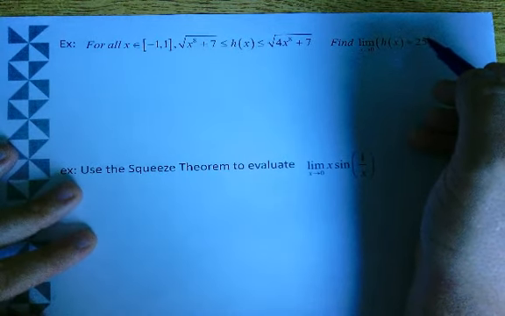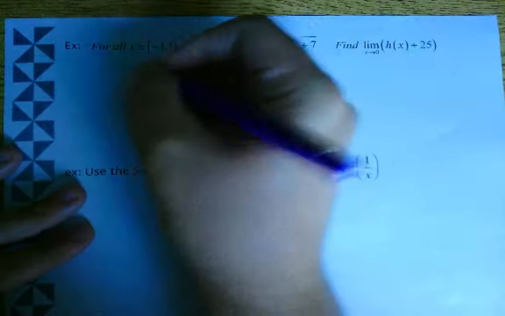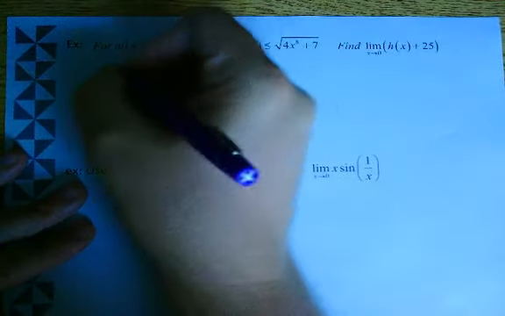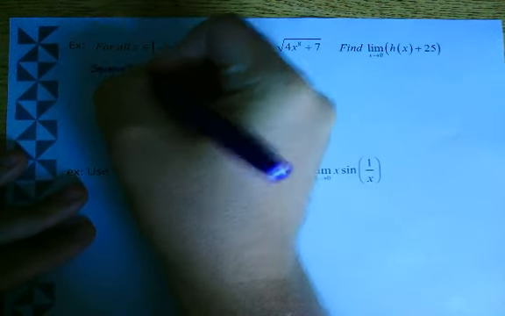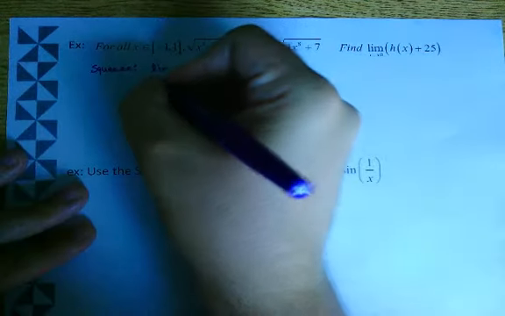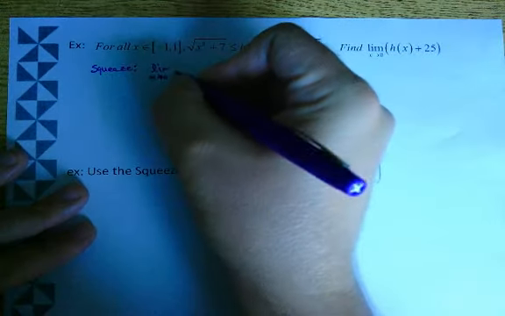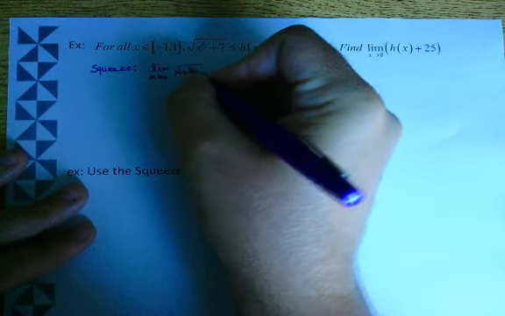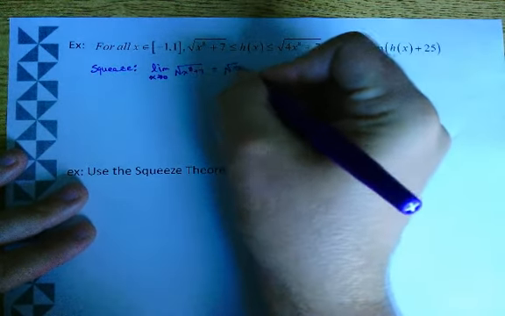So the first thing I'm going to do is use the squeeze theorem because this is already set up nicely for me. By the squeeze theorem, I'm going to look at the limit as x approaches 0, again because I'm looking at 0, of the square root of x to the 8th plus 7. In this I can just directly plug in and get root 7.